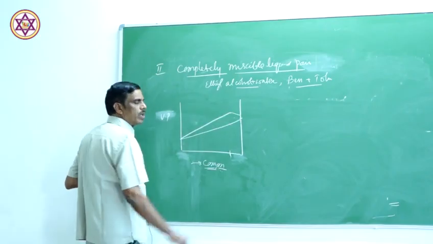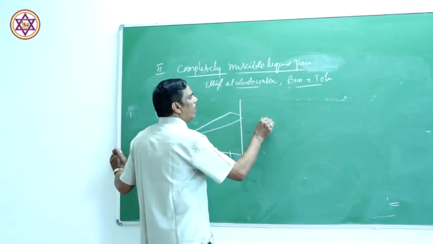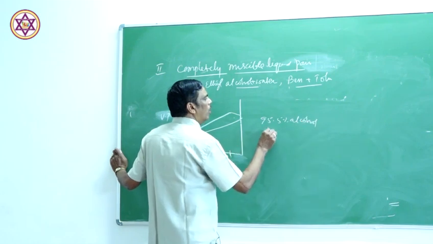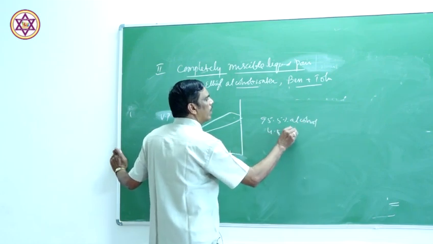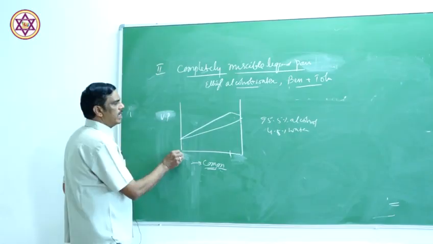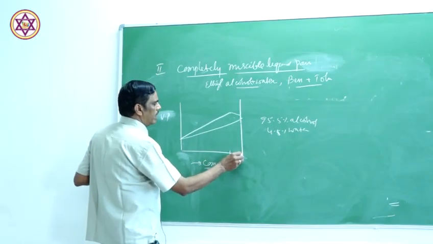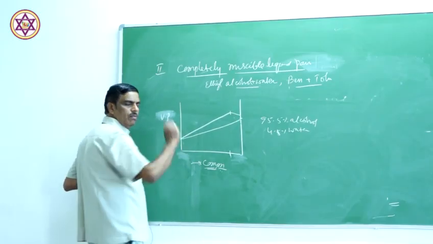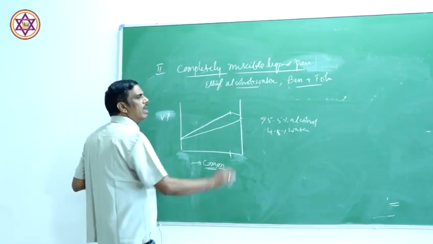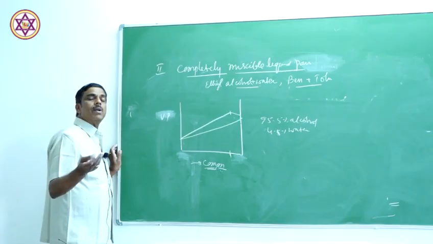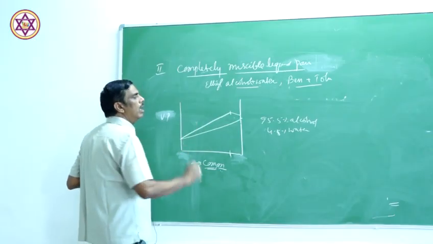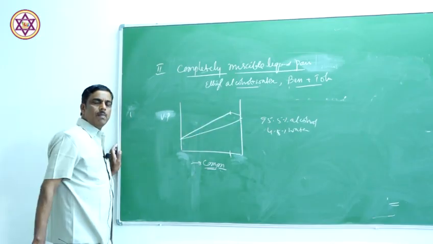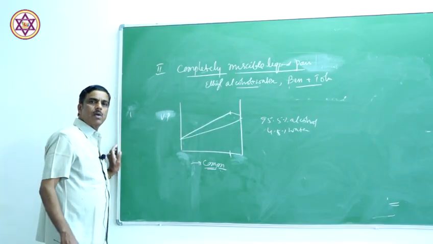This is the particular composition with 95.5% alcohol and 4.5% water. This deviation is above the normal value. This is called positive deviation from Raoult's law. So this mixture, alcohol and water, deviates from Raoult's law. This deviation is above normal, therefore positive deviation from Raoult's law.